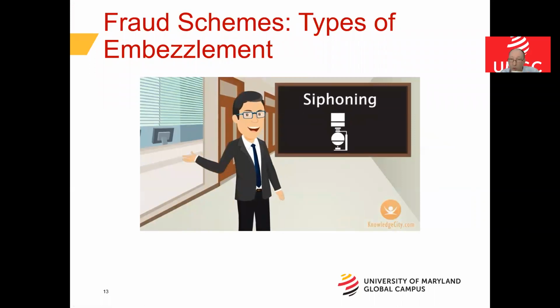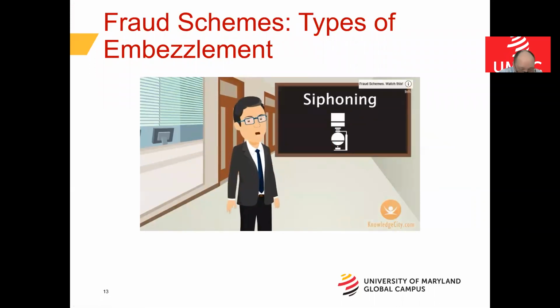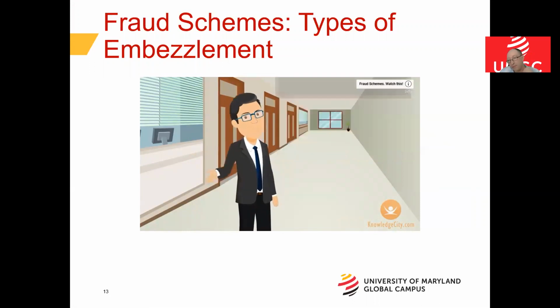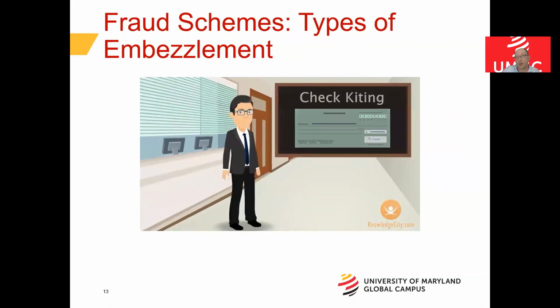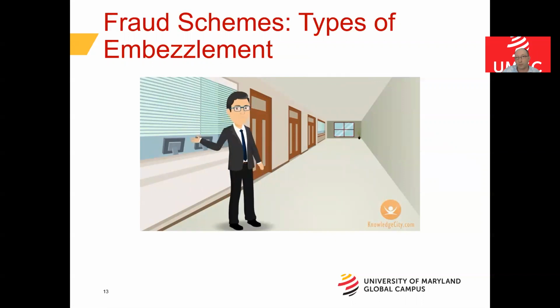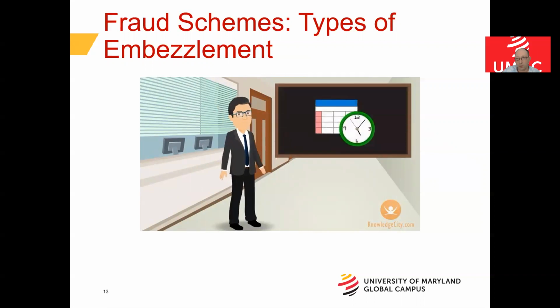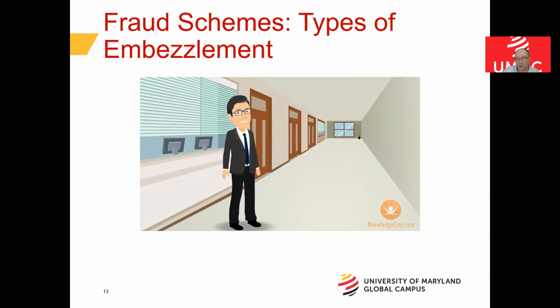There are 6 main types of embezzlement. Let's take a look at those now. Siphoning. This is common in frontline workers in stores or restaurants. They devise a way of pocketing money from the register without creating discrepancies between recorded sales and the cash drawer. Check kiting. To do this, a criminal makes a series of deposits and withdrawals between several banks. By taking advantage of the float time between banks, the perpetrator gets an interest-free loan. A person that handles the bill-paying function at a corporation would be able to perpetrate this crime.